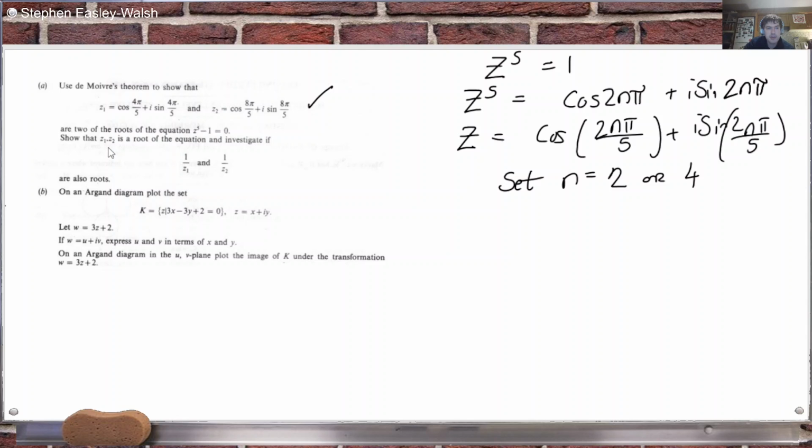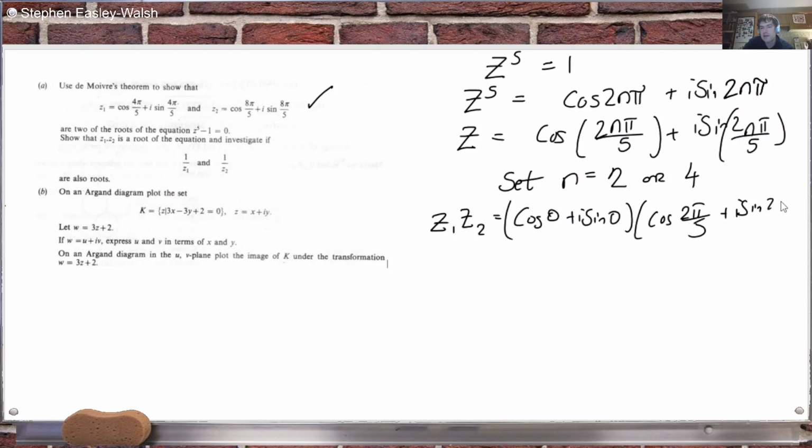And then show that Z1 times Z2 is a root of the equation. Okay, so Z1 times Z2. Now I think by Z1, that's maybe what I would call Z0 when I said n is 0. So that would be cos 0 plus i sin 0 times cos 2π over 5 plus i sin 2π over 5.